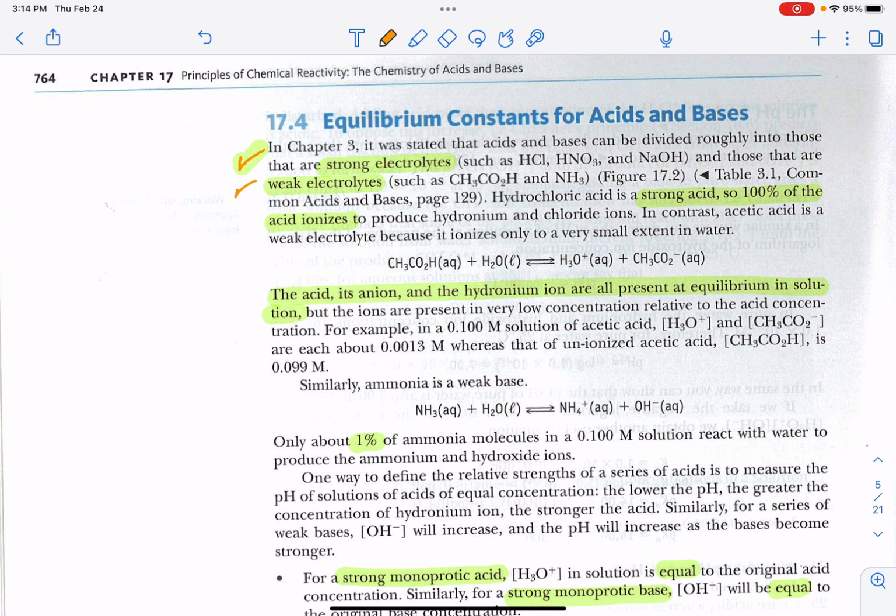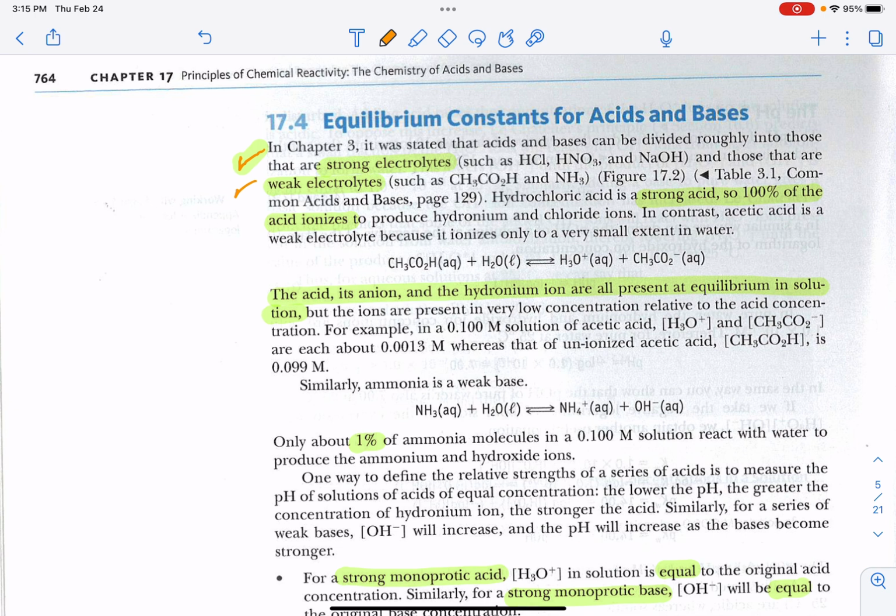Now, a strong acid or a strong base is going to completely dissociate in water, 100% dissociation. If you think about the water molecule as being polar, like you should, that can yank on other positive and negative charged particles with a certain amount of strength, those particles that have a very weak bond or connection between the cation and the anion will easily be yanked apart.